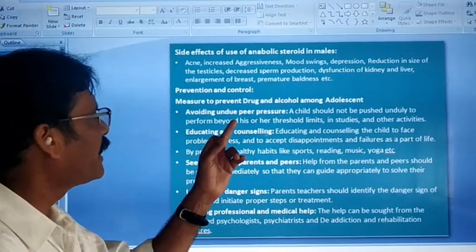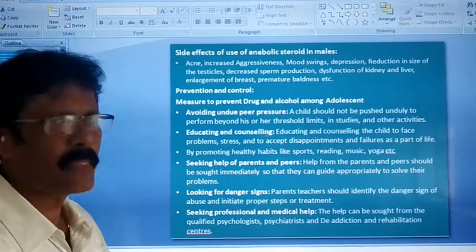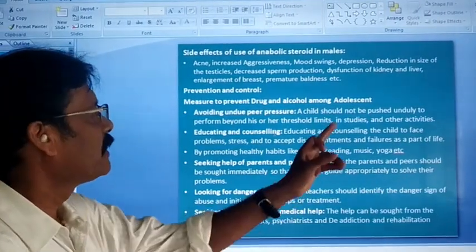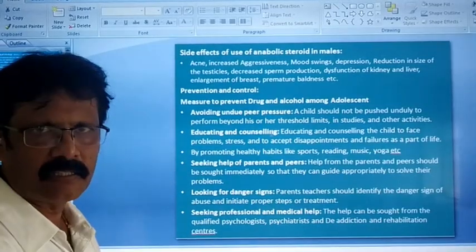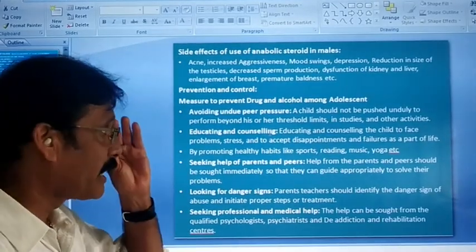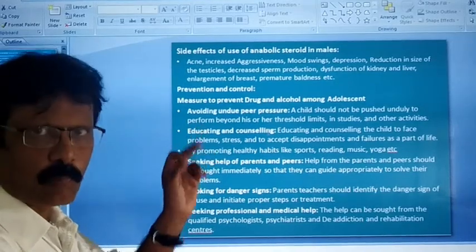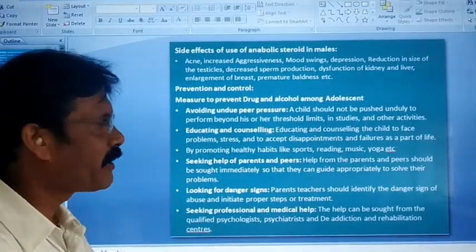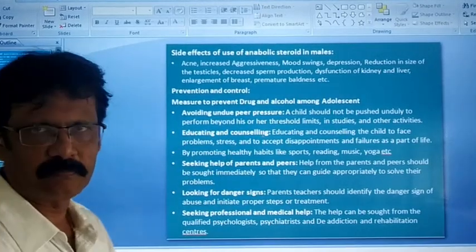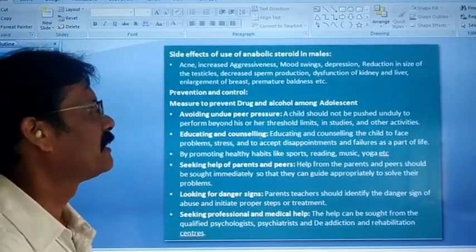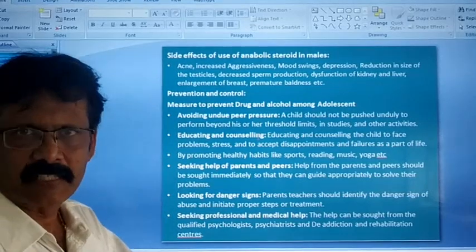Avoiding undue peer pressure: a child should not be pushed unduly to problems beyond his or her threshold limit in studies and other activities.